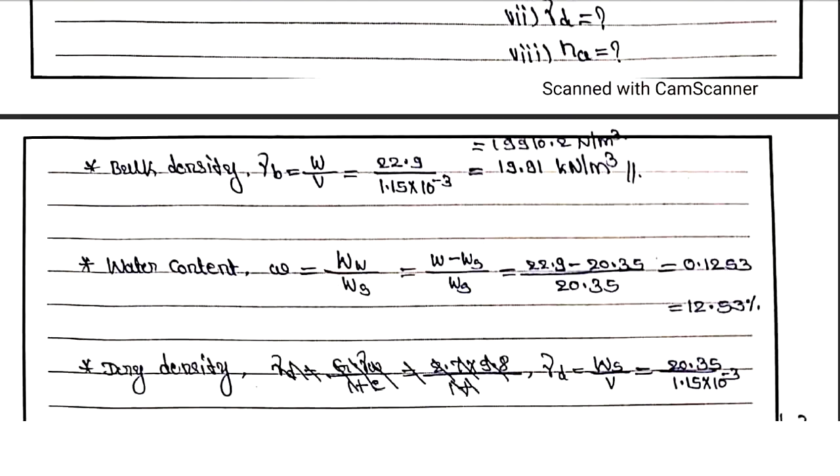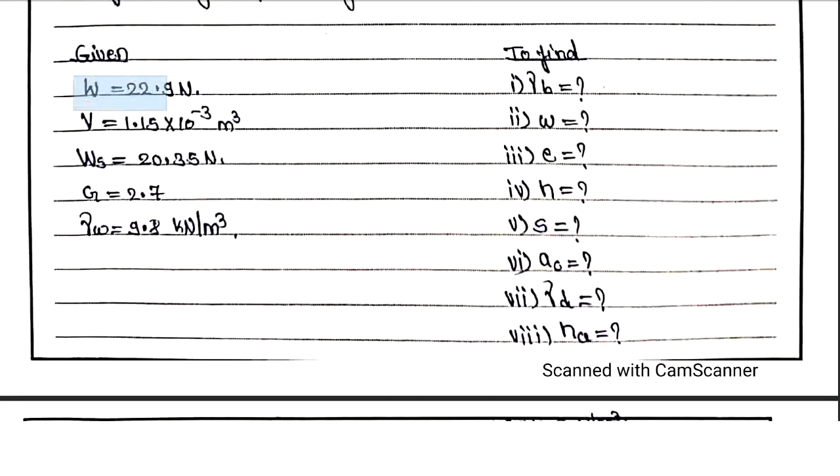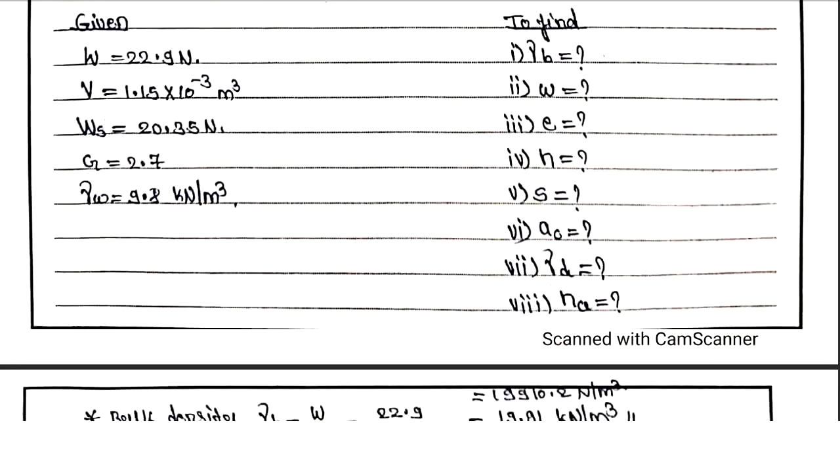Next is water content. Water content is weight of water divided by weight of soil solids. To find the weight of water, the total weight in wet condition is given and the weight in dry condition is given. If I subtract the dry weight from the total wet weight, I get the weight of water.